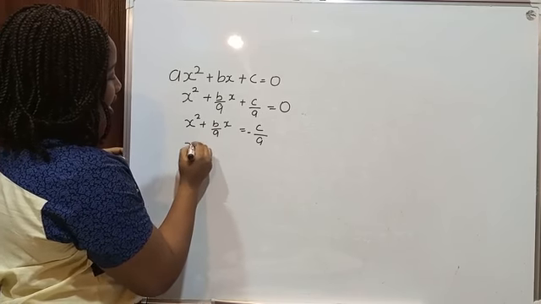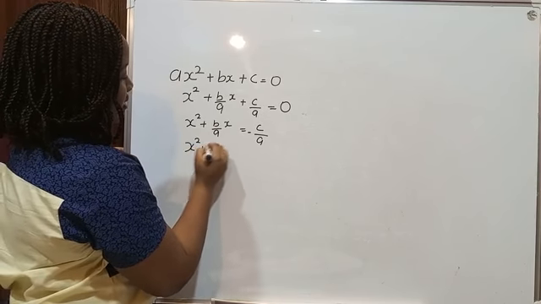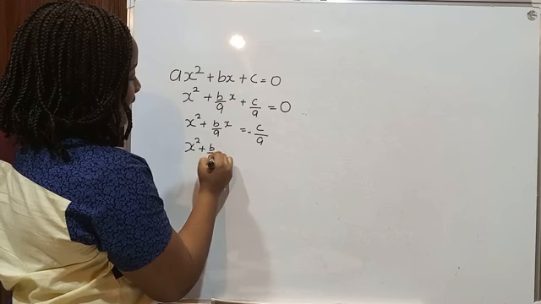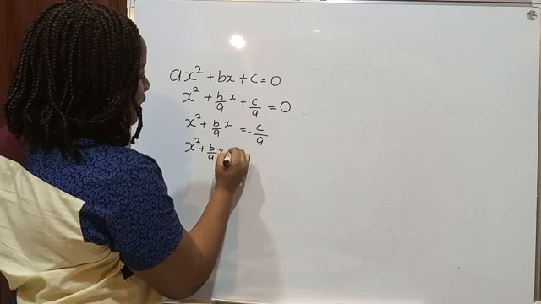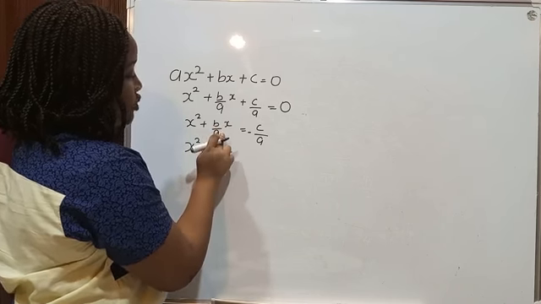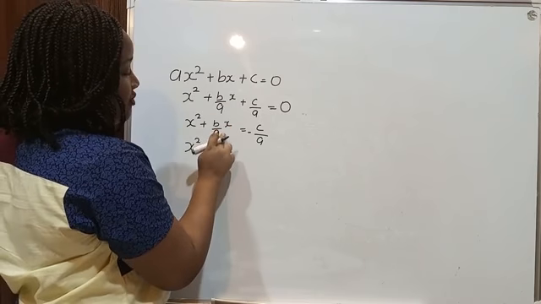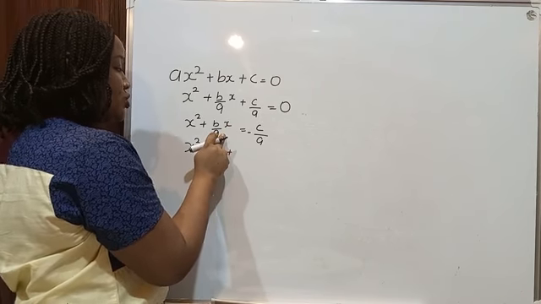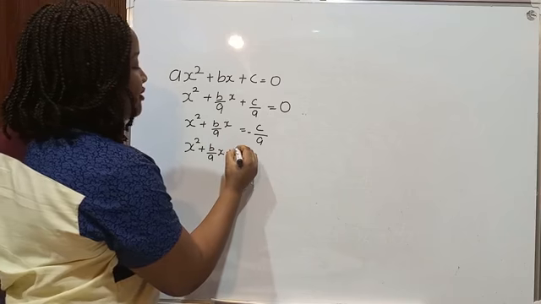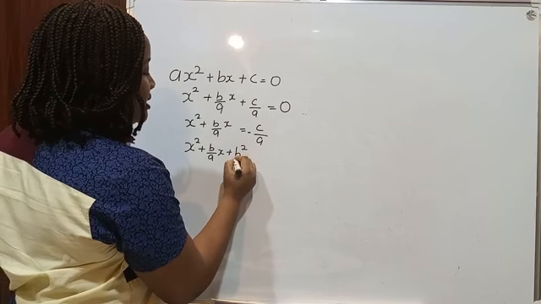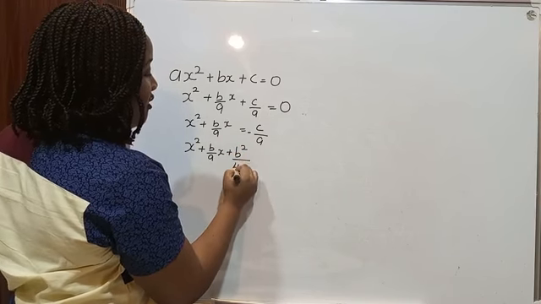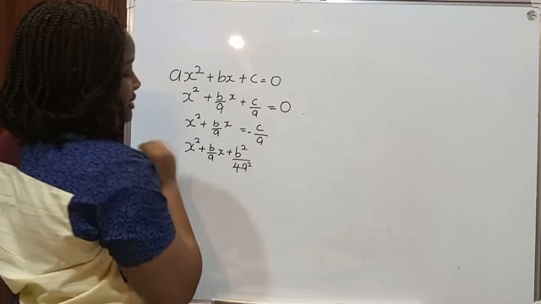You have x squared plus b over a x plus, divide this by 2 and square it. When you divide b over a by 2, you have b over 2a. And when you square it, you have b squared over 4a squared.